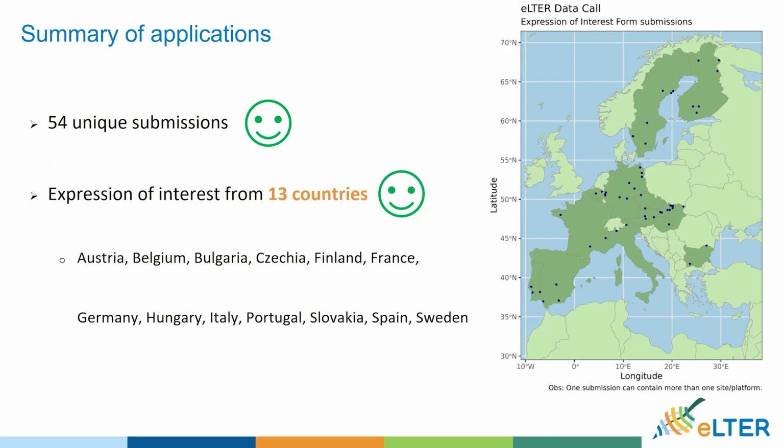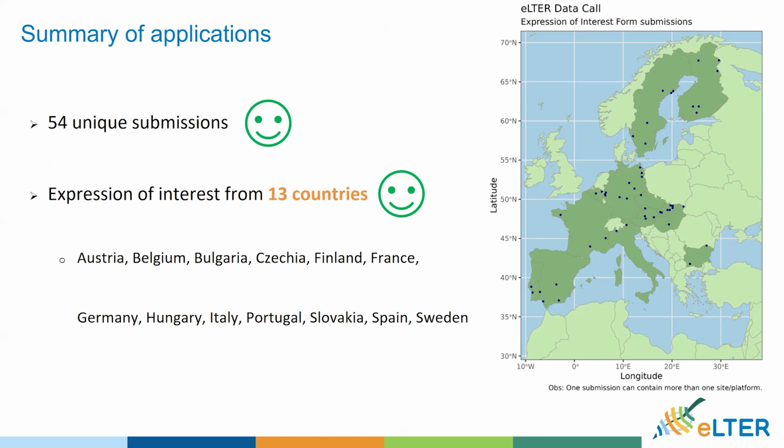And the blue dots are all the sites and platforms that submitted data. So you can see that we cover most of the European continent, from east to west, from north to south. So we were quite happy with this. Of course, we would be happier if we got more, but then we would end up struggling more to finance all of the applicants and good data that will come.